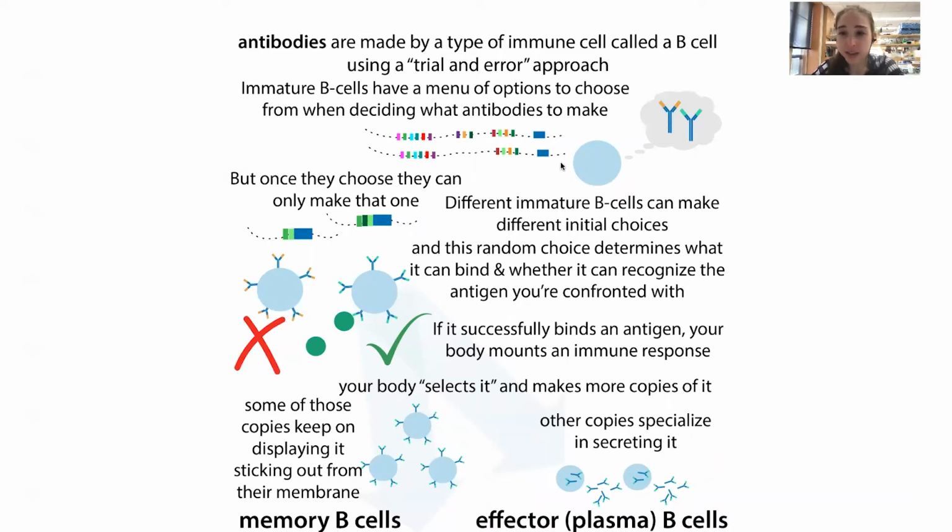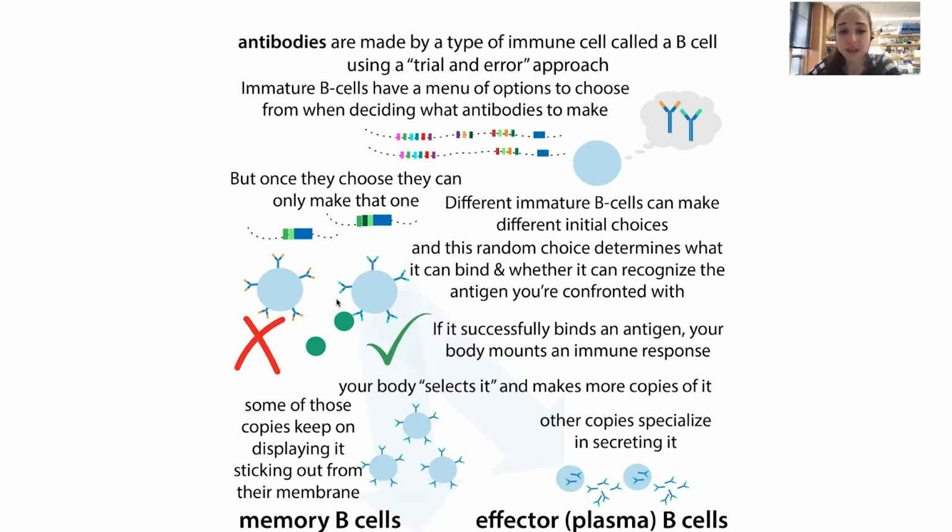This leads to each individual B cell making a single antibody with a single variable region. Then these are going to go out, and if they find an antigen, something foreign that isn't present in our body, then they're going to get selected for.